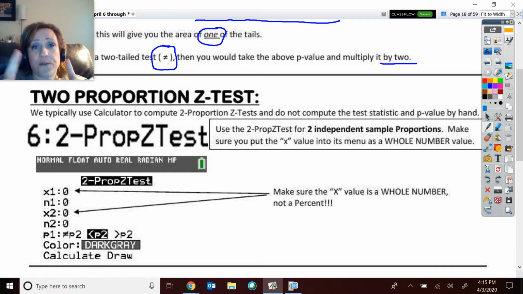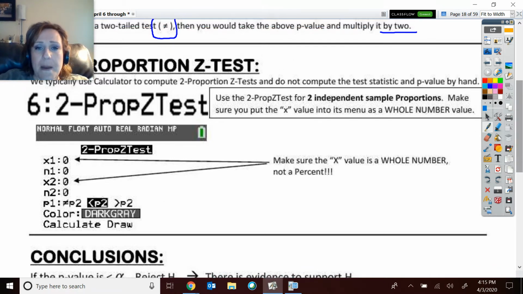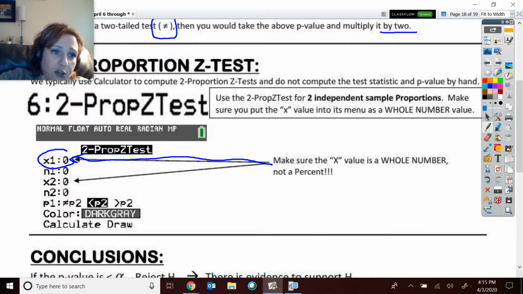Again, these are for two separate independent samples. Again, making sure that if they say 13% of 27, you don't put 0.13 in here, and you don't put whatever 0.13 times 27 is. You need to round it to a whole number there. And then you put all your data in and compute.